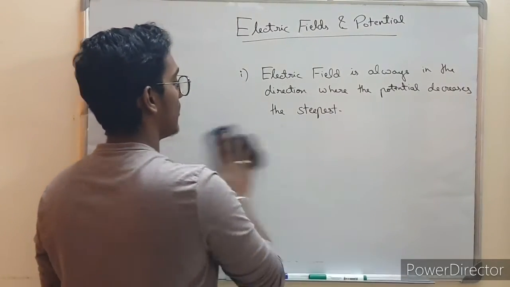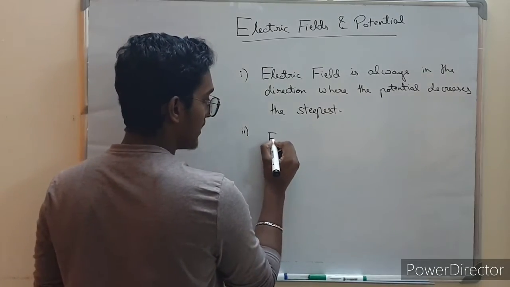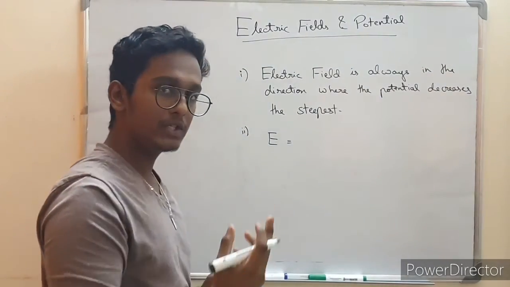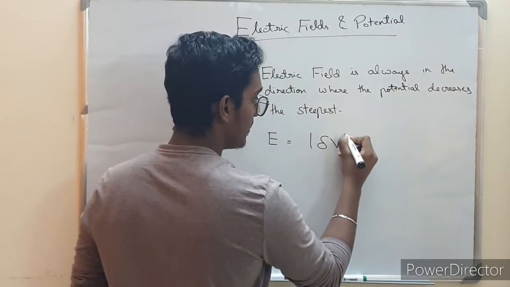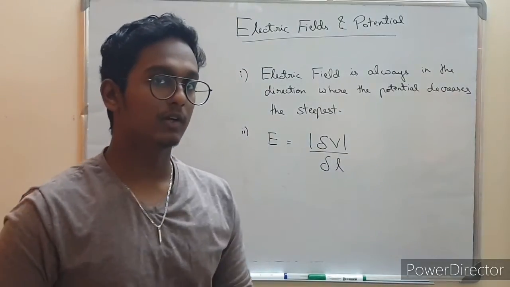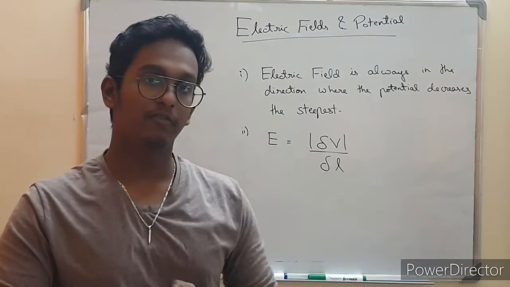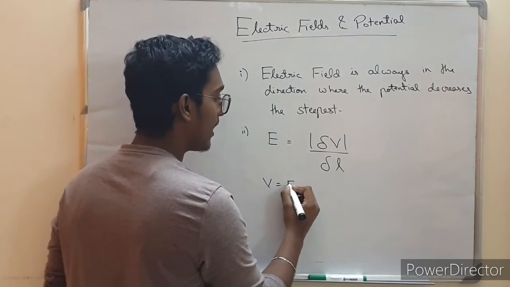And then let's look at the second point, which states that electric field is given by the magnitude of the change in the potential divided by displacement. So this comes directly from the first formula that we have written, that potential equals ER.